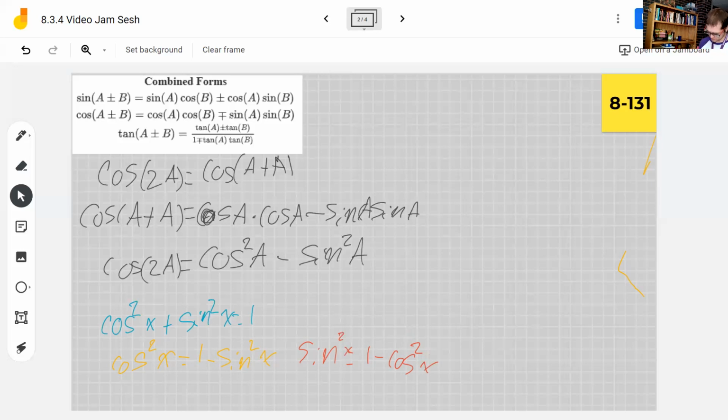So what if I substituted in for sine? I would get cosine of 2a equals 2 cosine squared of a minus 1.